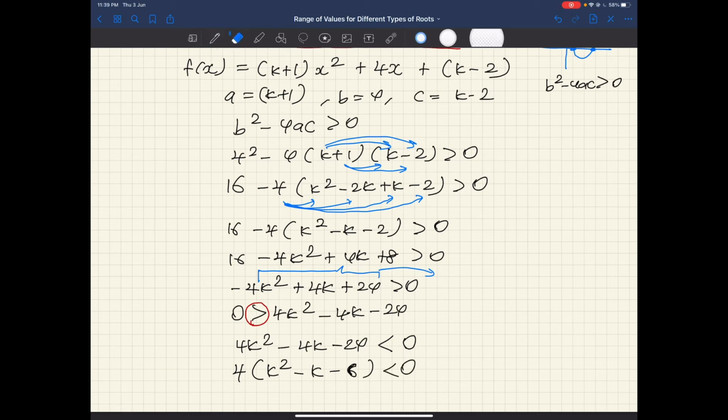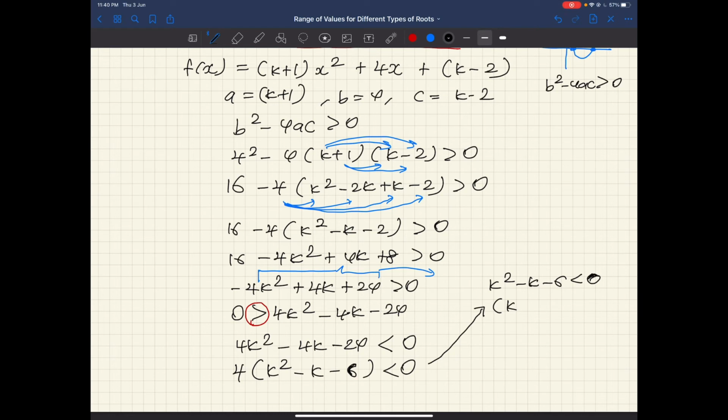Alright, so what I can do with the number 4, I can bring this to the other side, so it will be 0 divided by 4 and it's going to be gone. So now I end up with k square negative k negative 6 less than 0. Alright, and this is a simple function, therefore I would like to factorize it. And how am I going to factorize this?